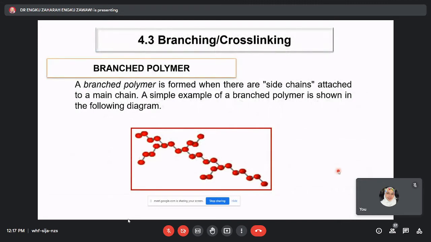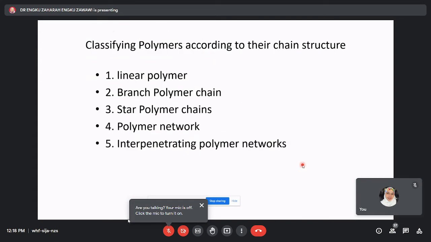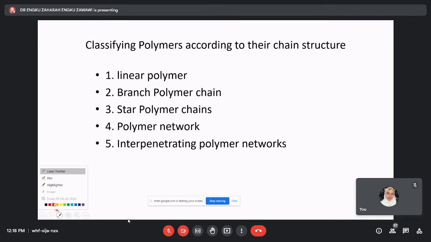The third factor is branching and crosslinking, branched polymer. If we classify polymers according to their structure, we have linear, branched, star, network and interpenetrating network.